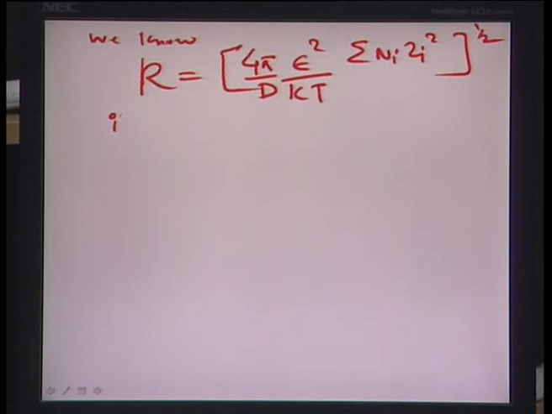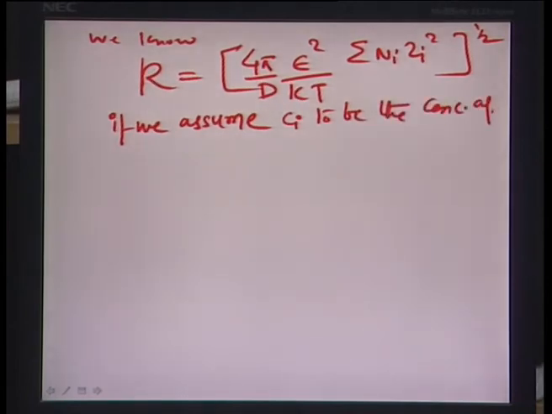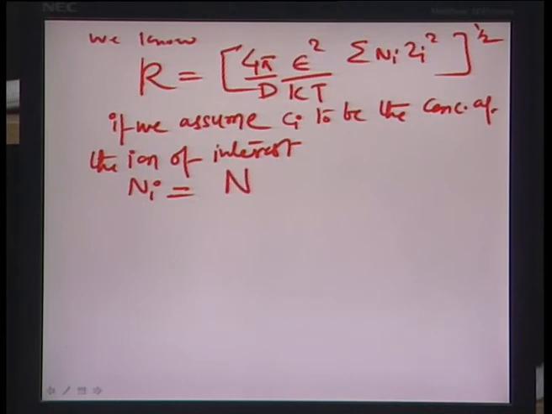If we assume that this Ci is the concentration of the ion of interest, the ith ion of interest, then Ni can be represented as the number of moles in Ci times the Avogadro number times Ci divided by 1000.